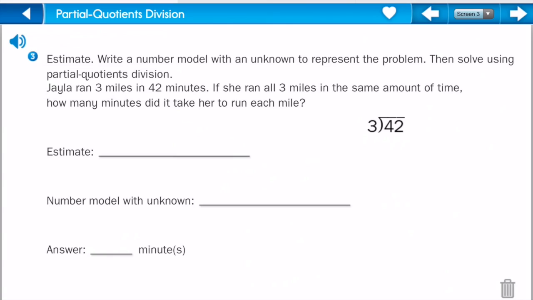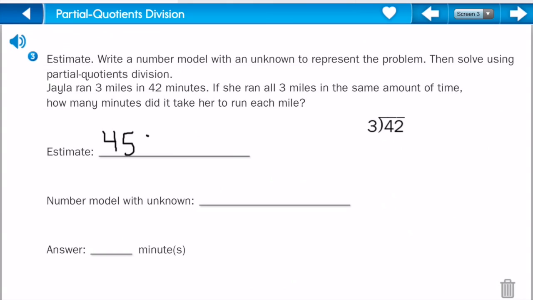Okay, so let's do an estimate. I know that 42 is pretty close to 45, so I'm going to go ahead and round it up to 45, okay?